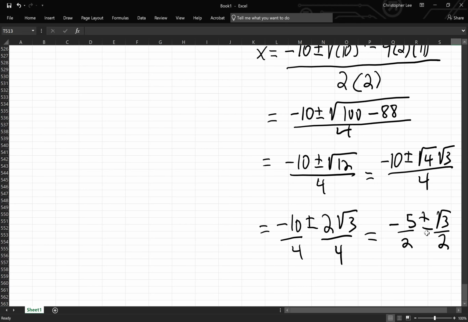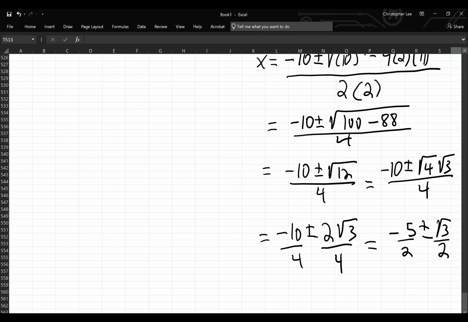So the 4 becomes a 2 on the bottom, negative 5 on top. That gets rid of the 2 up top. Is that only half of the answer, and then the second answer is the full answer? Yeah, this is the full answer.